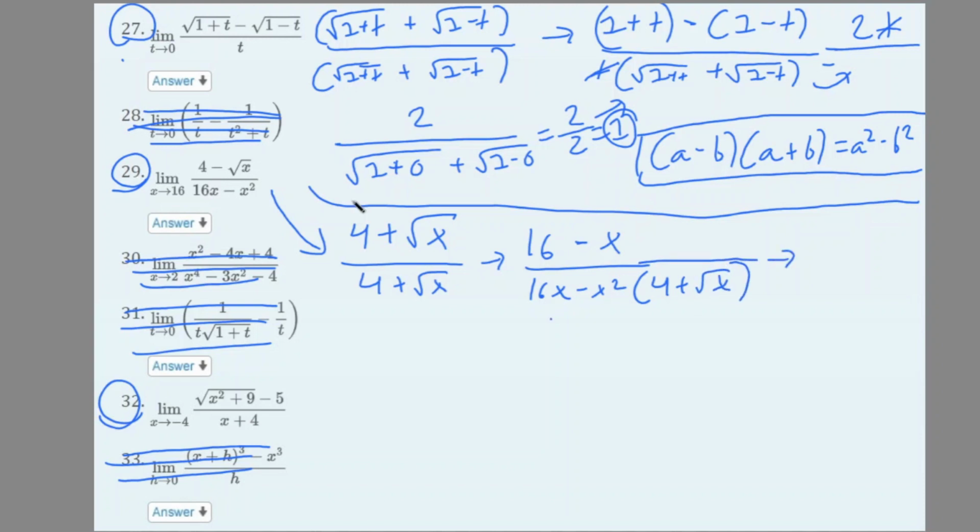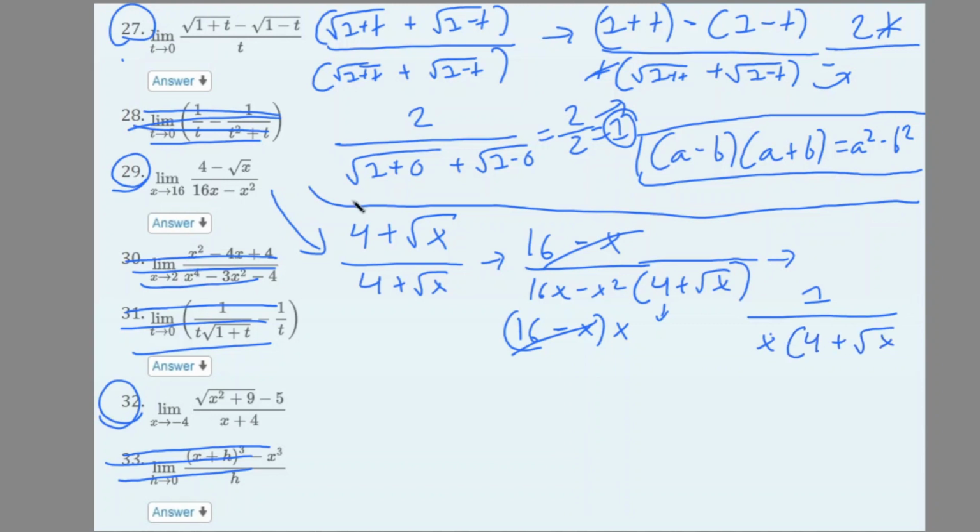On the denominator, we can also factor out. There's stuff to factor out down there, so we can do 16 minus x times x. We factored out that x, and then this goes down here. You can see the numerator and the denominator share something, so we can just cross that out, and we're left with 1 over x times 4 plus radical x.